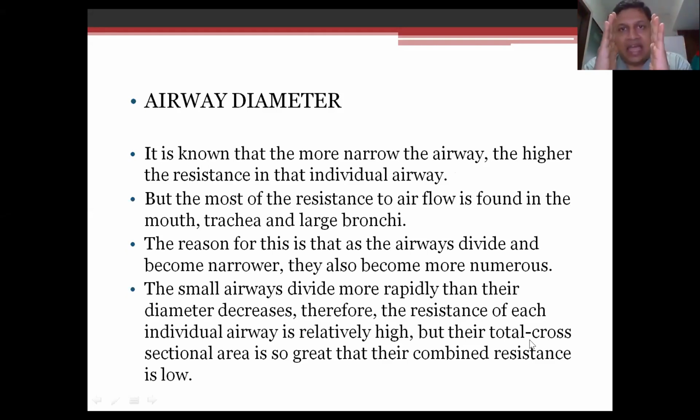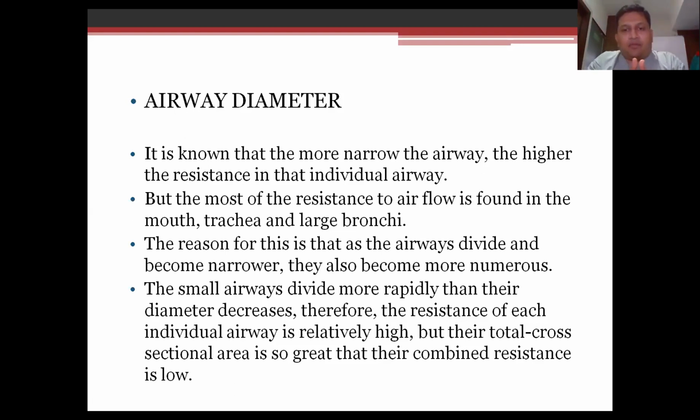The airway tree, initially a single tube, divides into two tubes, then more. In these larger airways this principle applies. When the airway contracts, the resistance increases; when it dilates, the resistance decreases.